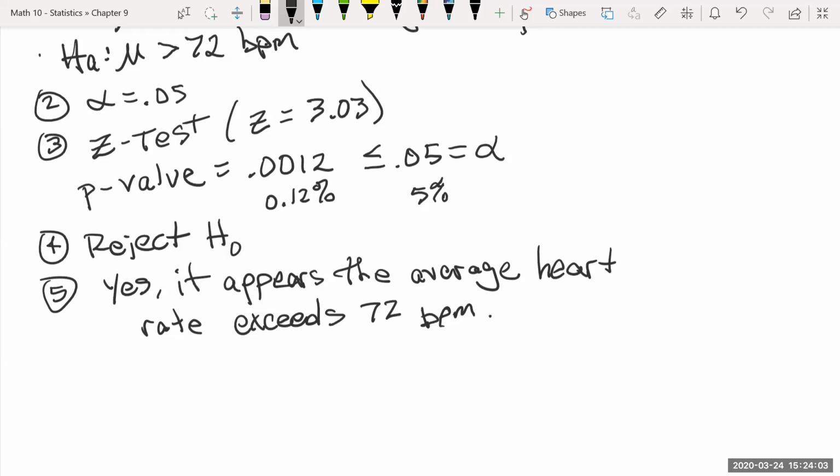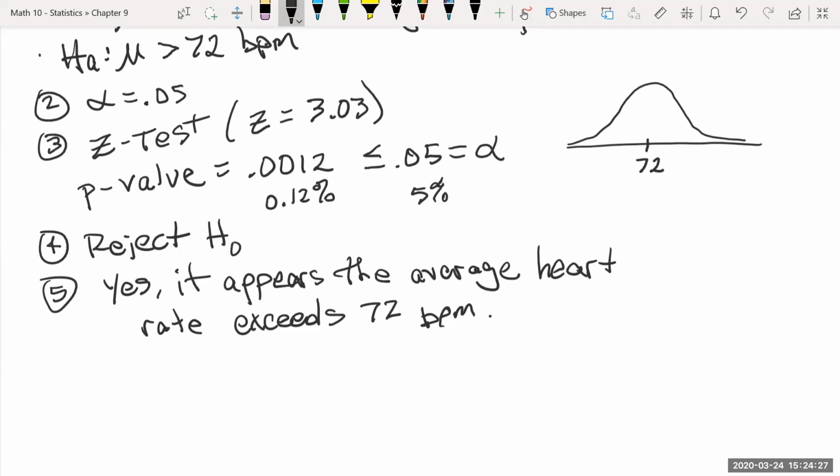Now, that's the end of the hypothesis test. For those of you that are curious about how the z-value and the p-value are related, here's the idea. Remember, we assume it's a normally distributed population. I'm going to start off with my mean that I assume to be 72.